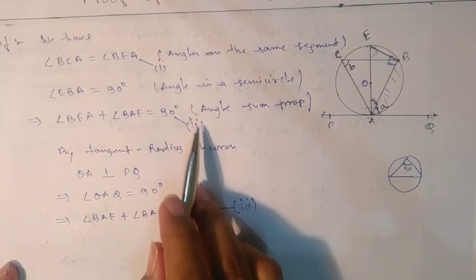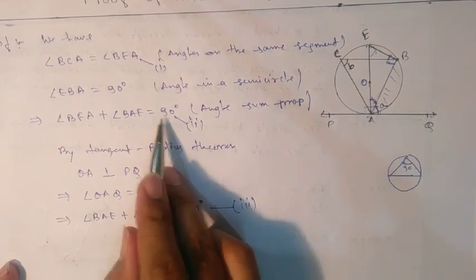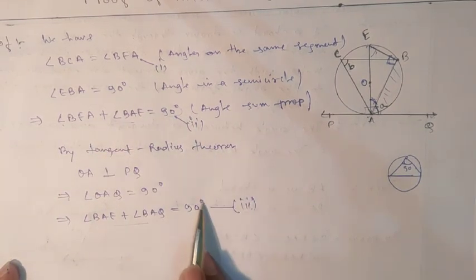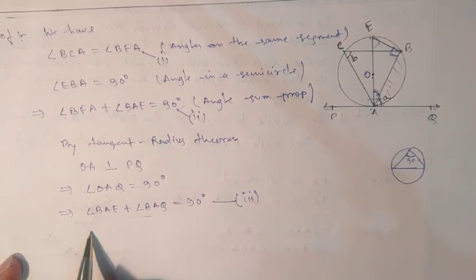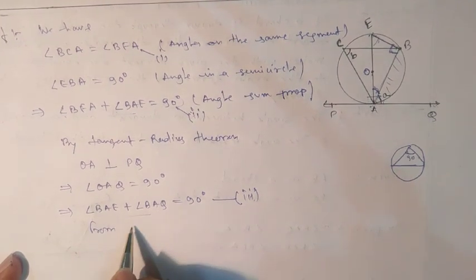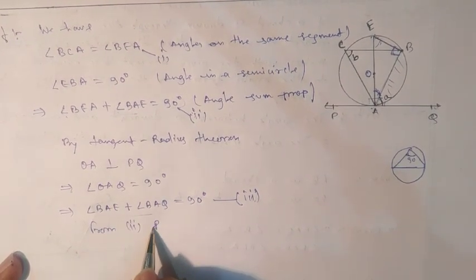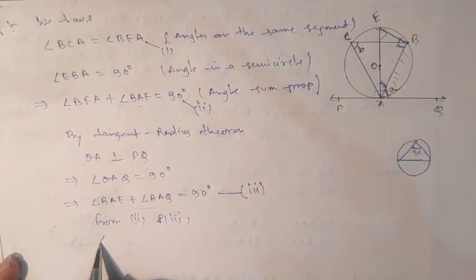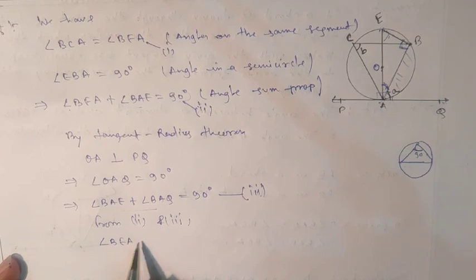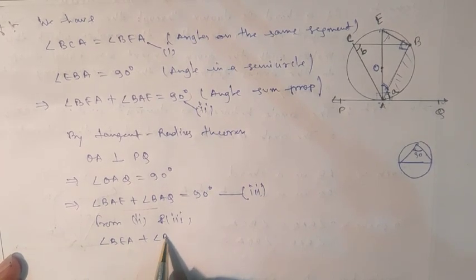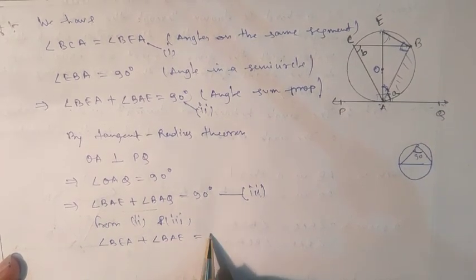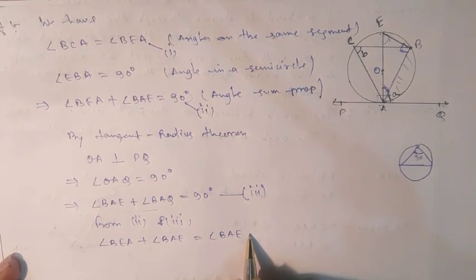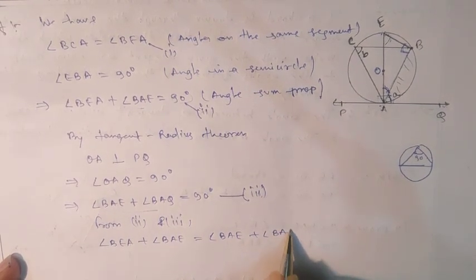From 2 and 3, look here, the sum of these two gives 90 and the sum of these two gives 90, that means both are equal. So angle BEA plus angle BAE equals angle BAE plus angle BAQ.